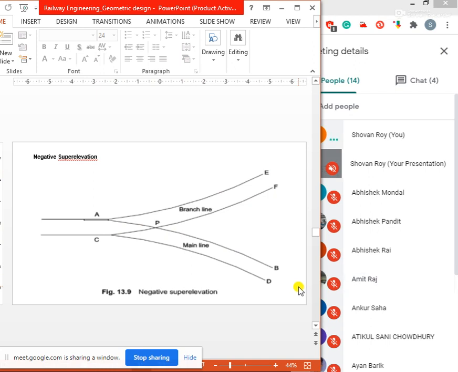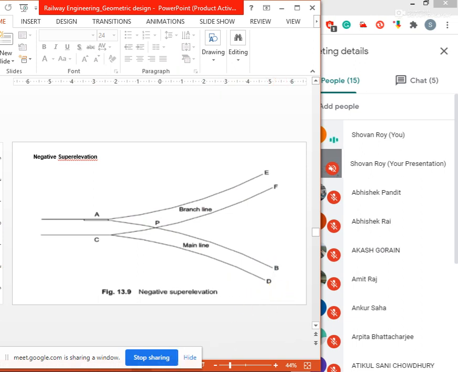So we provide super elevation at the CF line, but it is negative, or lower than the AE value. Therefore the elevation of the AE line is higher and the elevation of the CF line is lower, and the elevation of the AE line is the same as the elevation of the AB line. This is the fundamental of negative super elevation.